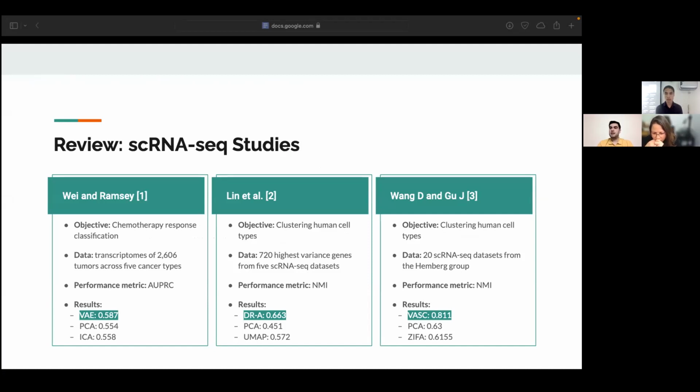Sure. Actually, this data is single-cell RNA sequencing data, which is different from my data set, which is dual RNA sequencing data. It's completely different. And for the benchmark, they use different performance metrics.